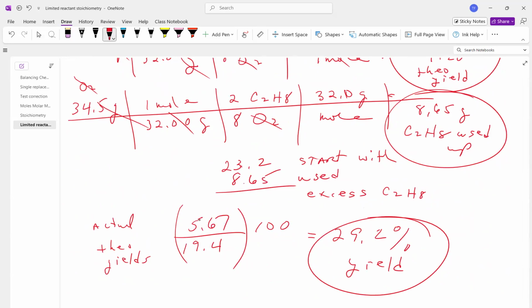So what's going to change is the excess. And again, thank you for pointing that out. You're absolutely right. So what you use plus excess is going to be what you started with. Very good. Very good catch on that.